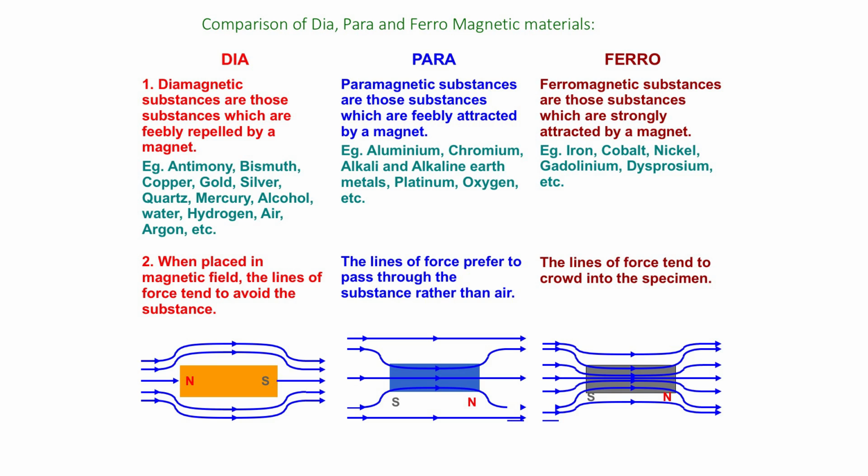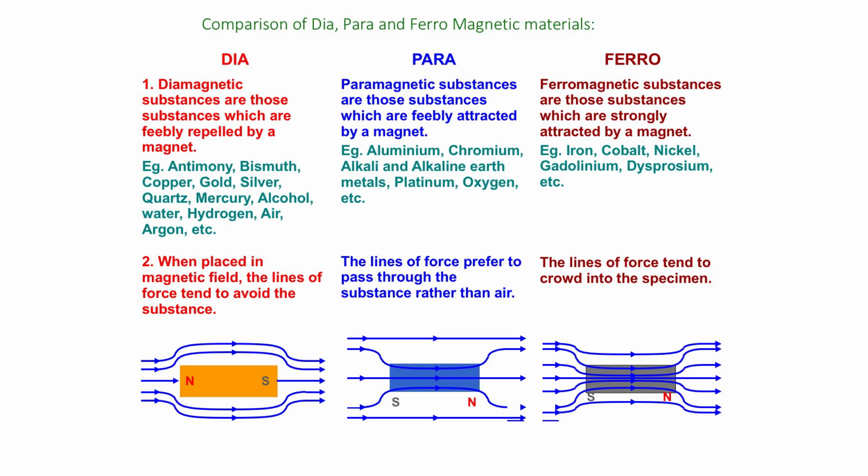For paramagnetic: aluminium, chromium, alkali and alkaline earth metals, platinum, oxygen, etc. For ferromagnetic: mostly iron, cobalt and nickel.